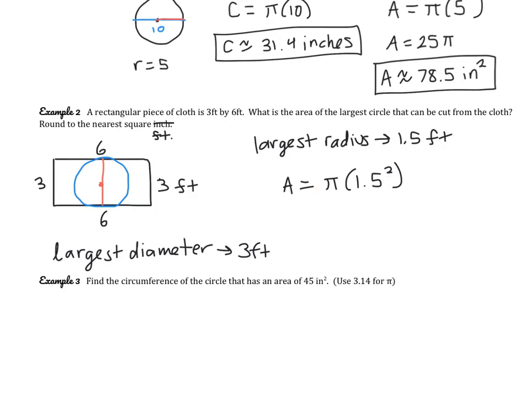So pi times 1.5 squared, we should get an area of approximately 7 square feet. Notice here they asked us to round to the nearest square foot. My calculator shows 7.068. So if we're rounding to the nearest whole number, or the nearest square foot, it would be 7.